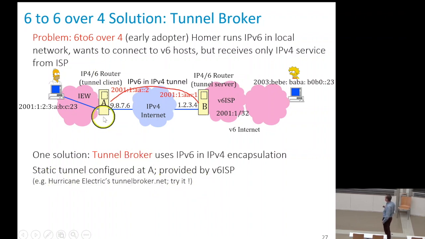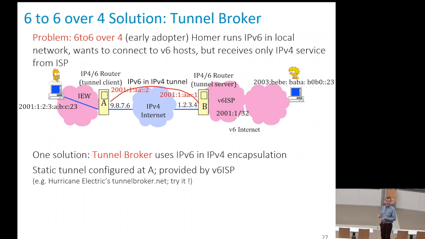You can do it from home, and then you will have IPv6 from home. What it does is this provider has an IPv6 internet, and in fact companies like Hurricane Electric are very aggressive and try to show to the rest of the world that they are leaders in IPv6 connectivity and IPv6 service by counting the number of customers they have, and the way they have many customers is to provide tunnels.